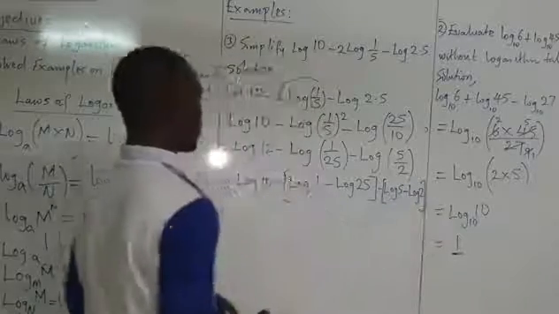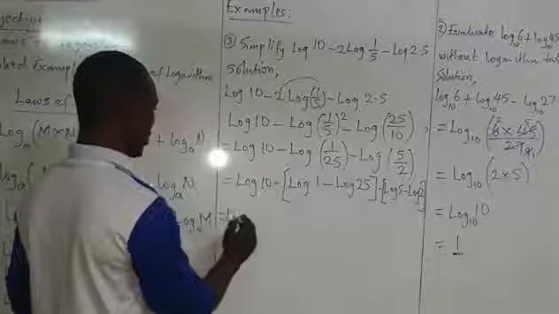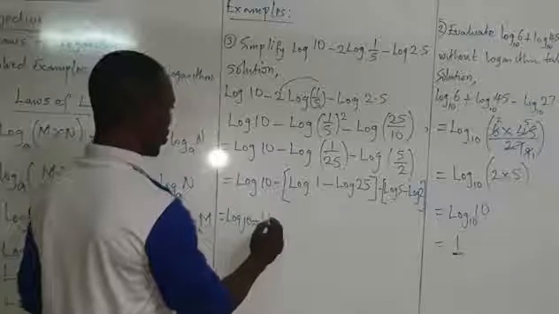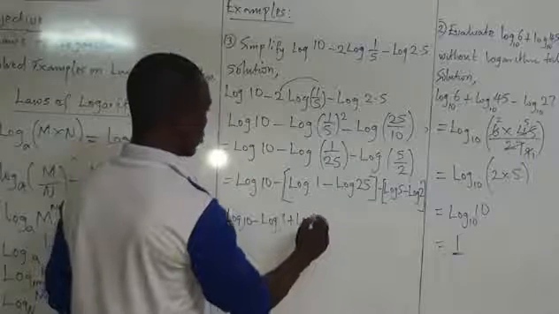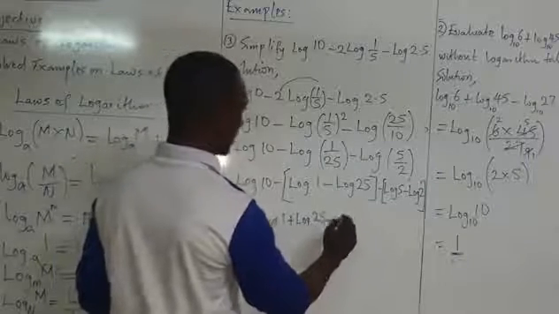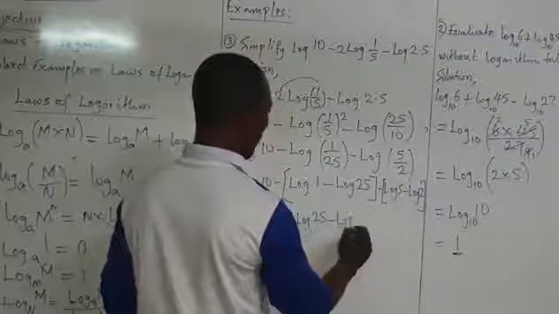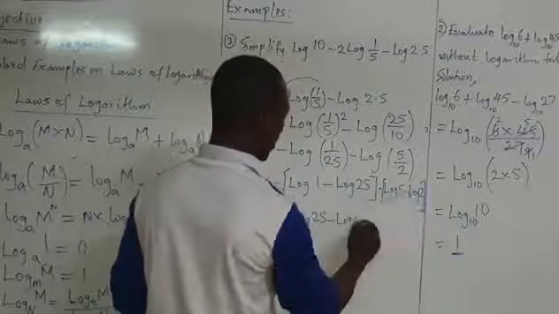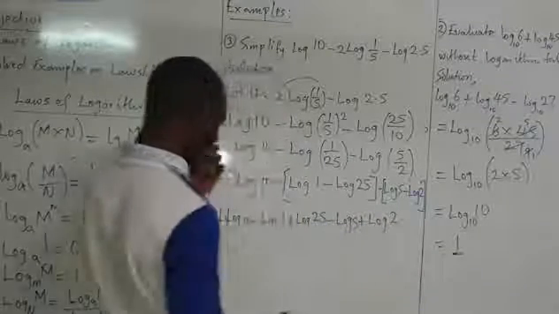Then close the bracket. So you now open the bracket with minus. So which is log 10 minus log 1 plus log 25 minus, so we are done with this, move to the next one, minus log 5, then minus times minus plus log 2.